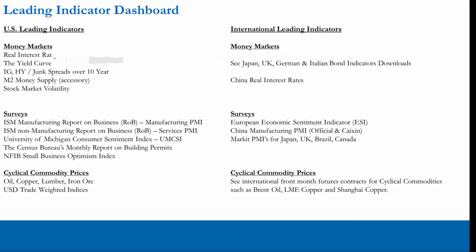So let's talk about what we've covered in this video. We know that benchmark bonds work as a system of measuring the value of money, which leads to us being able to project what equities are going to do. The cost of money in the markets, we can find through the yield curve and real interest rates, right?